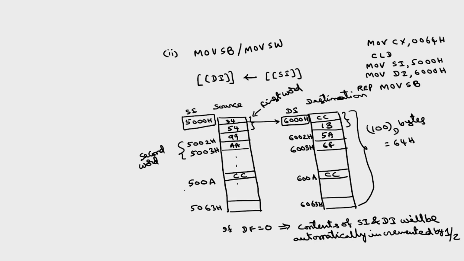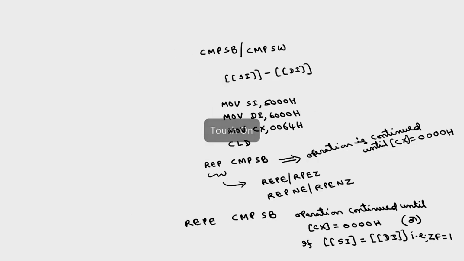So, at 5000 A itself, the operation will exit from this string comparison. If these data are not equal, it will compare all the 64 hexadecimal or 100 locations. If any data is same, at that point also it will exit. There are two conditions for exiting this one.